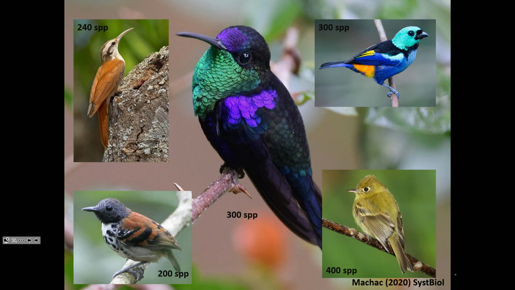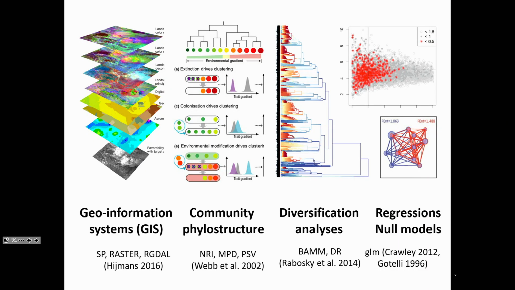As the model system, I chose 5 groups of birds: the ovenbirds, tanagers, tyrant flycatchers, antbirds, and hummingbirds, which altogether constitute over 1,500 species. And to analyze the data for these organisms, I combined geographic information systems with community phylogenetic structure, which basically studies the relatedness of species in a given region.